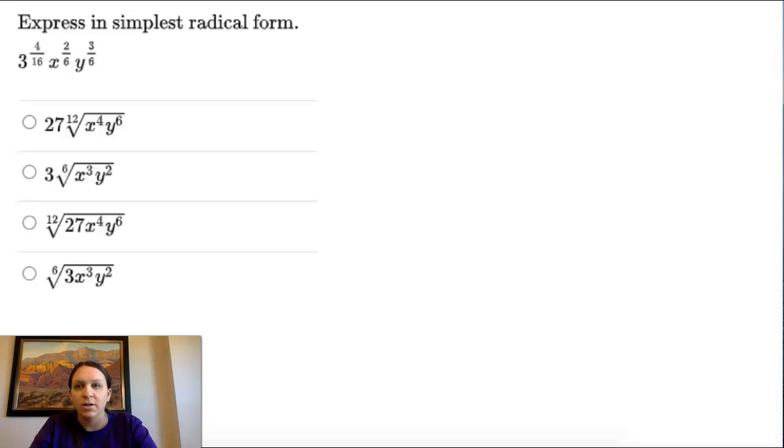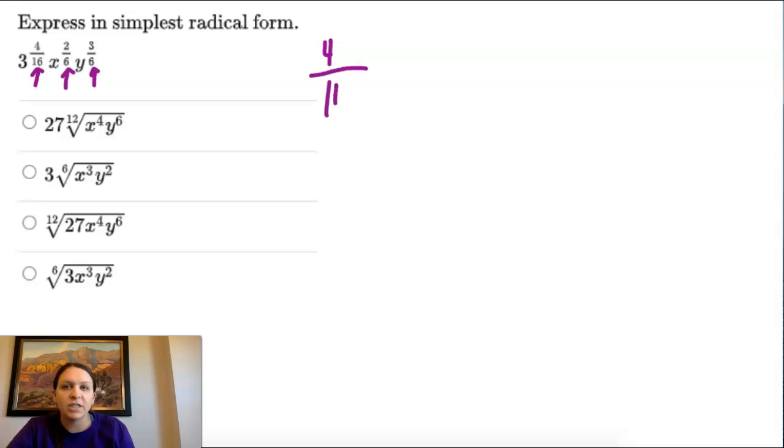Okay, let's do the same thing here. So now we have 16 and 6 and 6. So I'm looking at 4 over 16, which I can see can be reduced.